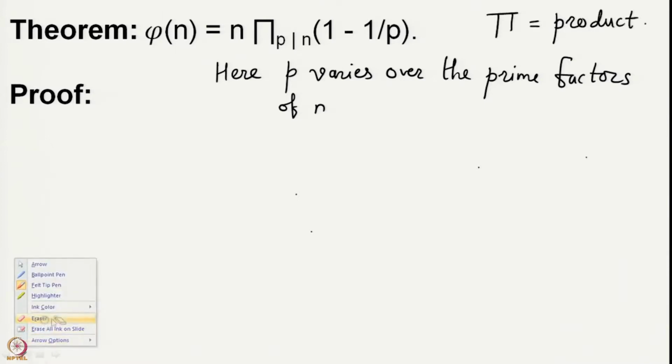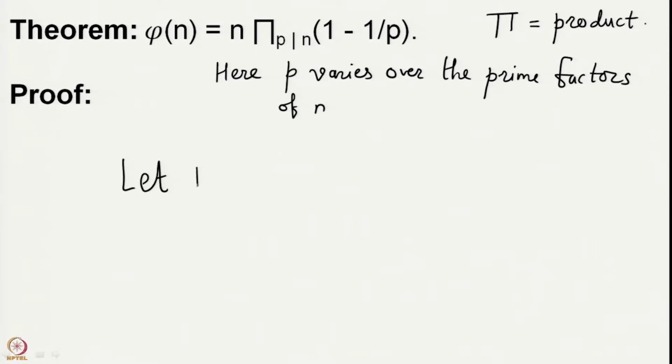So, what we have seen here is that the Euler function can be computed by computing the right hand side here. So, let us go on about proving it.